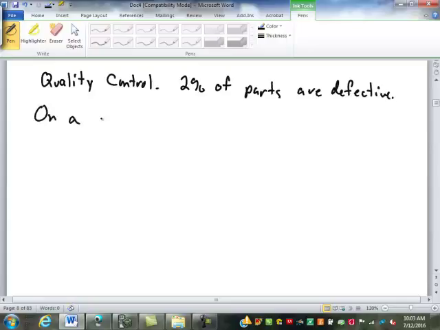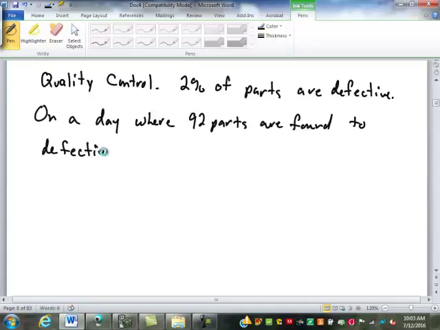So on a day where 92 parts are found to be defective, estimate how many parts were produced.